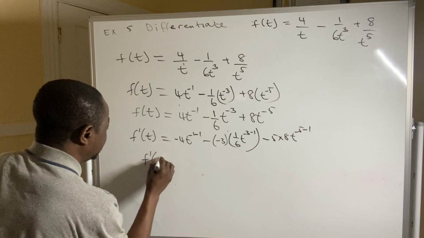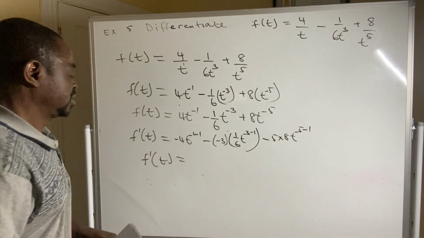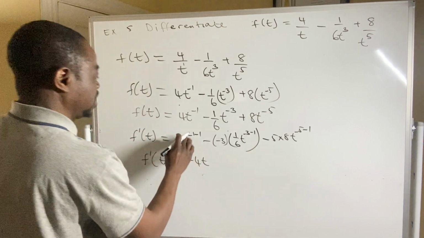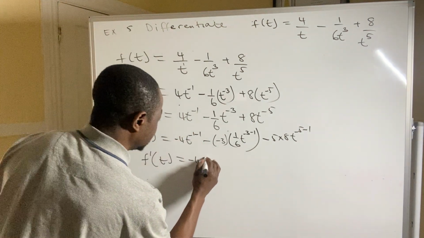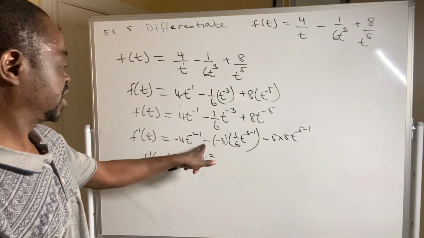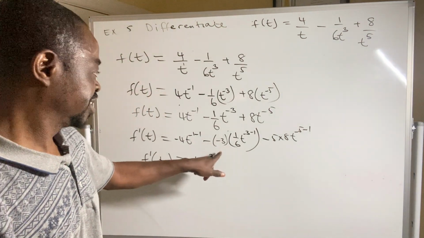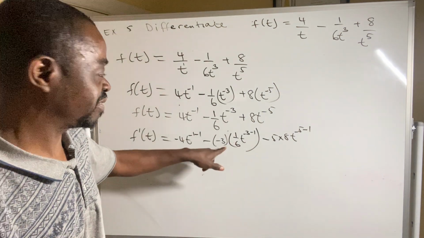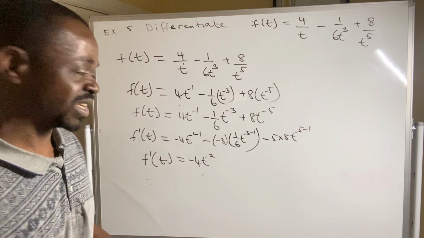So f prime of t: minus 4, t to the power minus 1 minus 1 gives us minus 2. And then a negative by a negative gives us a positive. So that's 3 times 1/6, which gives us a half.